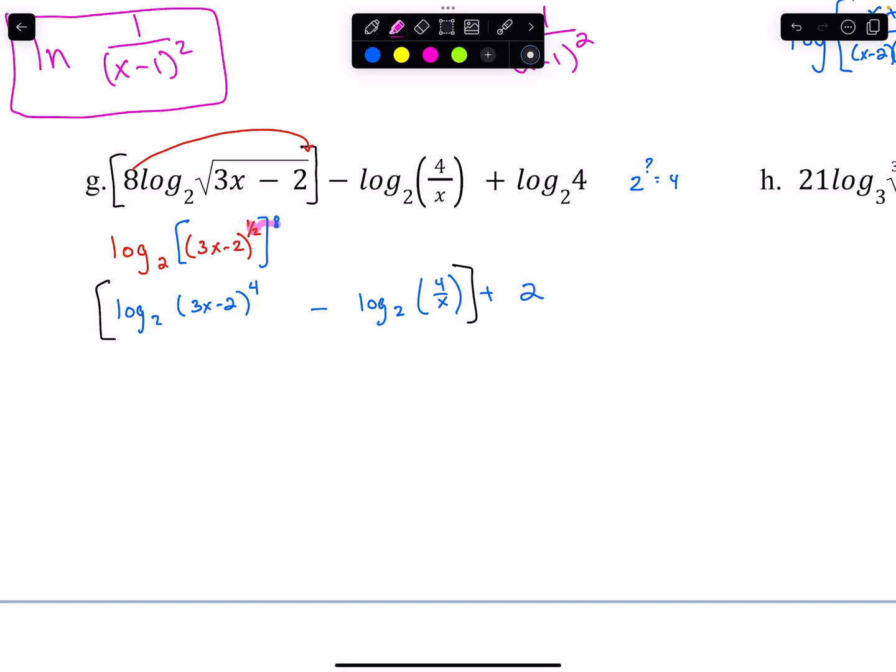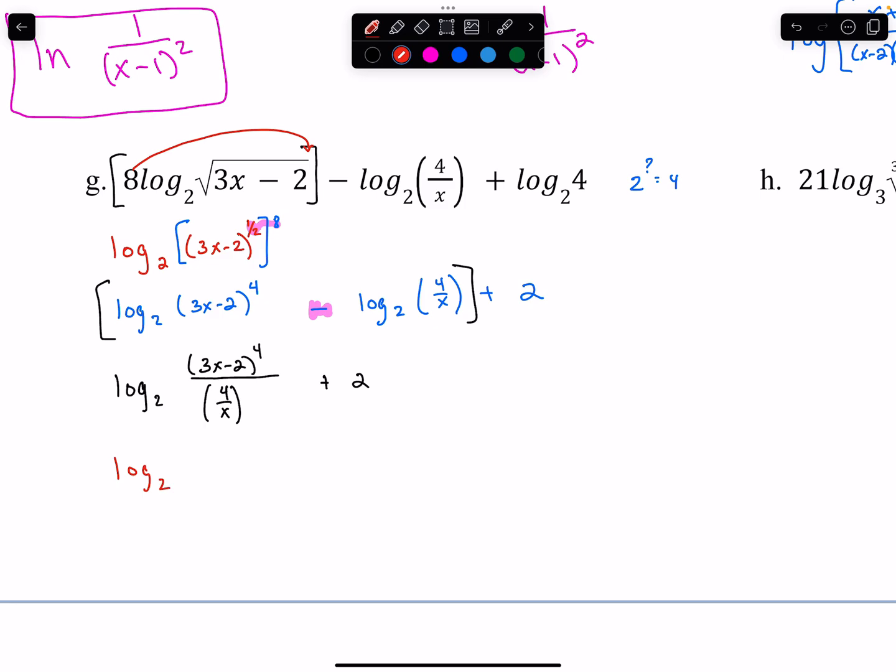See the subtraction here, which implies division. So I've got log base 2 of (3x minus 2) to the 4th over (4 over x), and plus 2. And then if I want to clean this up, this is just log base 2.